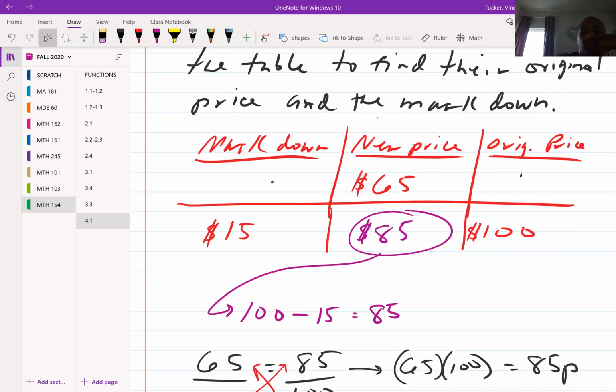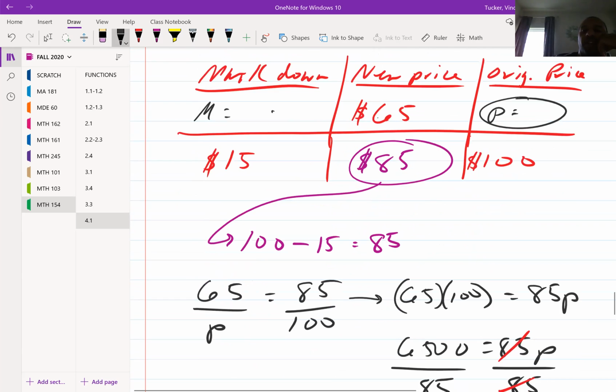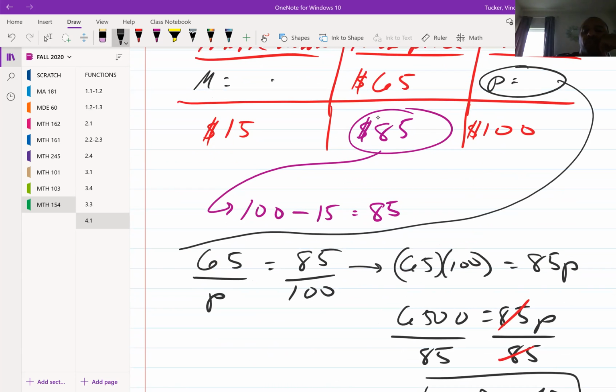All right. So now I can use, calling that P for original price, I can find the original price by using this proportion.